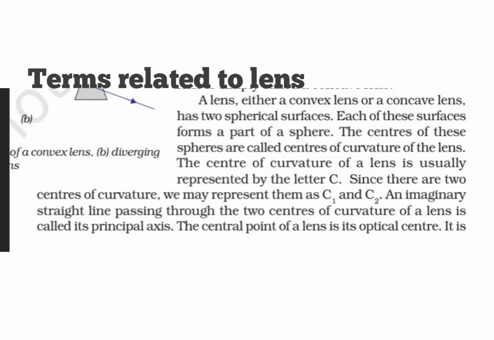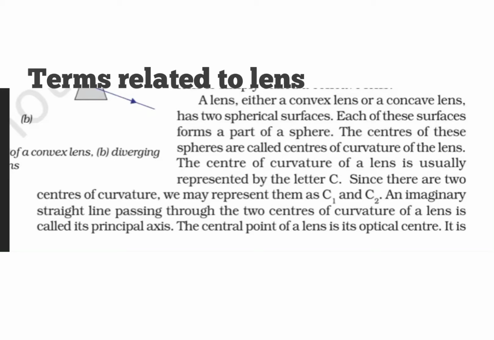You already know that lenses are made up of spheres, so they have two spherical surfaces. The center of these spheres from which the lens is made is called the center of curvature of the lens. It is denoted by C. And since the lens has two centers of curvature, we will represent them by C1 and C2.